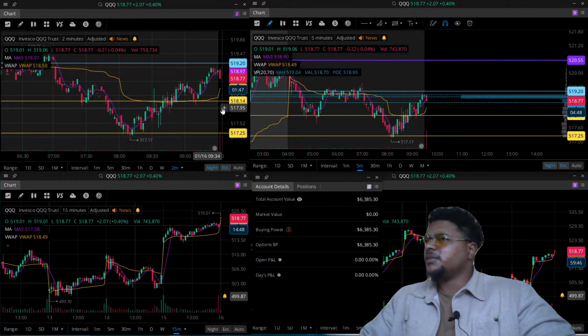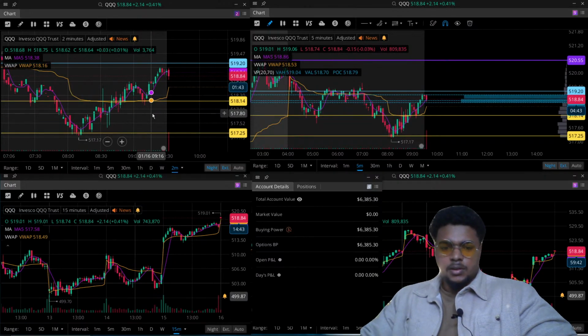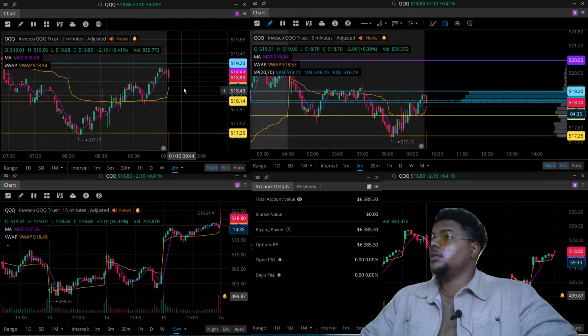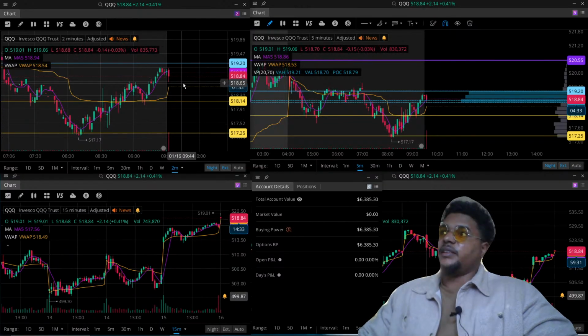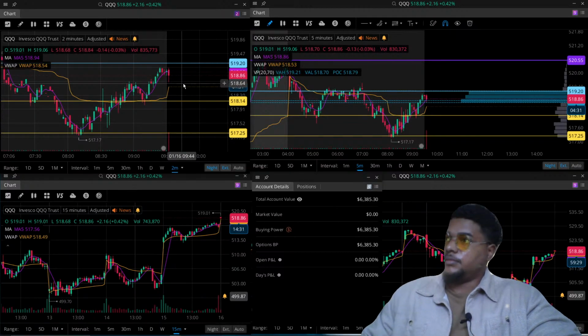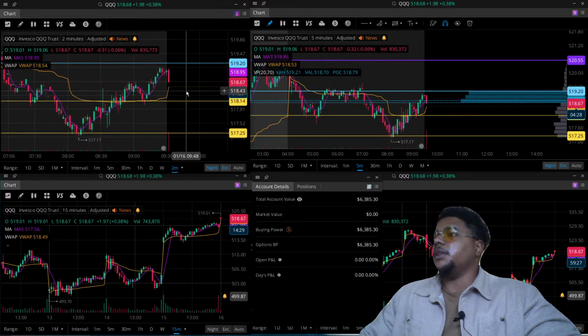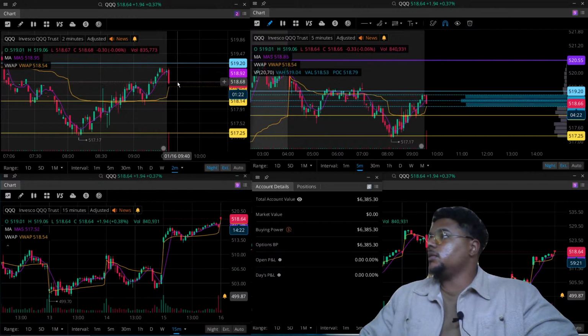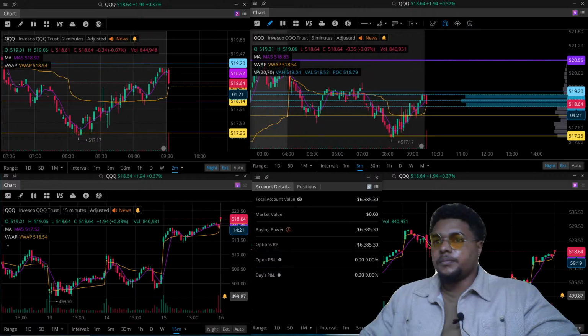I've been very impulsive lately with my trades, so I'm keen on being very patient, making sure I follow my rules. I'm seeing a little drop right here, and I've been very quick to enter, so I'm not going to enter on the first 5 minute candle. Let it show me what it wants to do first. In the meantime, I like to review my notes.